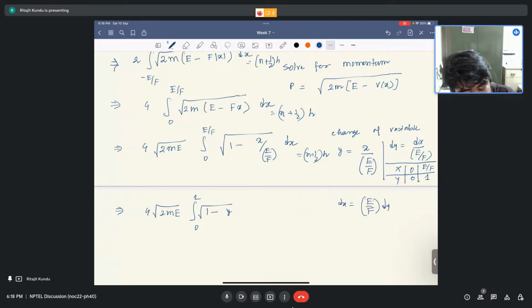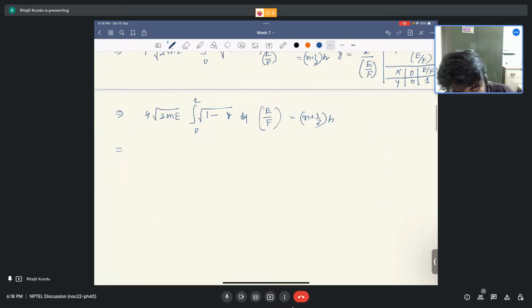So I'll just place that here, so it becomes e by f. So I'll now have e to the power 3 by 2 and m by f. Okay, so now you see that I have extracted all of the dimensionful quantities from this integration. Okay, so now this whole quantity is just a number.